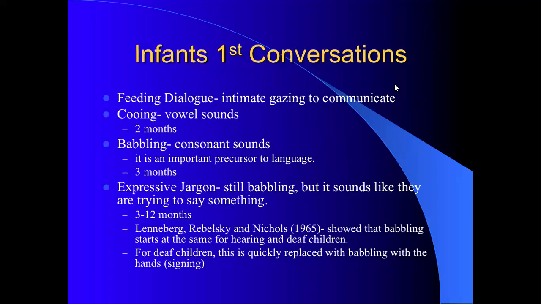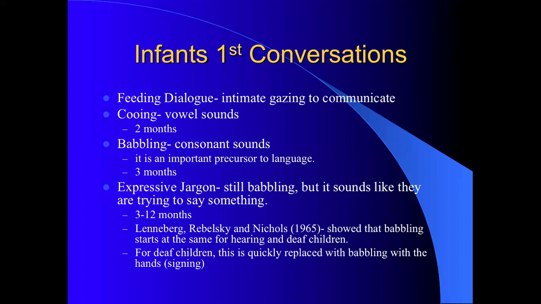All right. So I said to you that there is a process by which we communicate, right? So how do we progress to our first words, right? So it starts with joint attention. So we see that there are actual feeding dialogues. Even immediately after birth, parents will hold their baby and feed them, and they will look into their eyes.